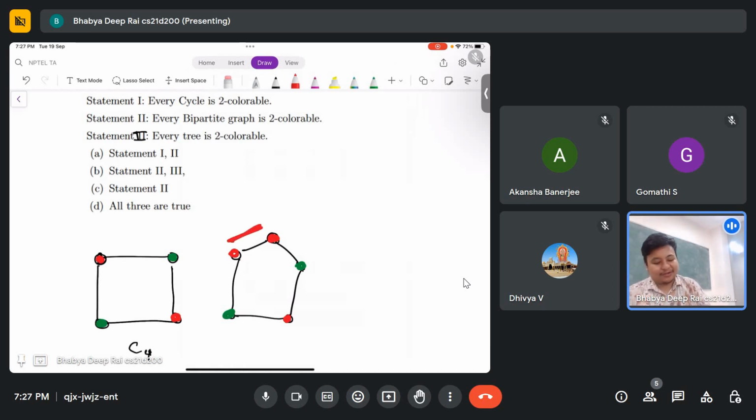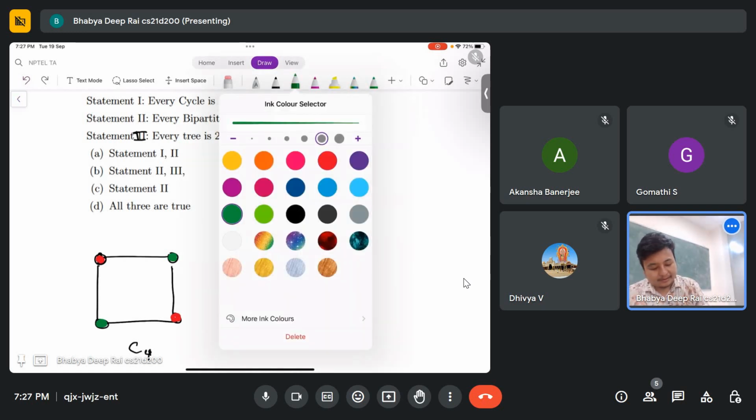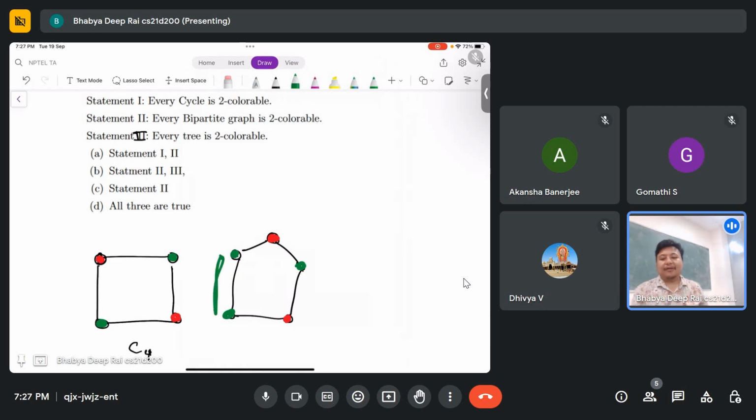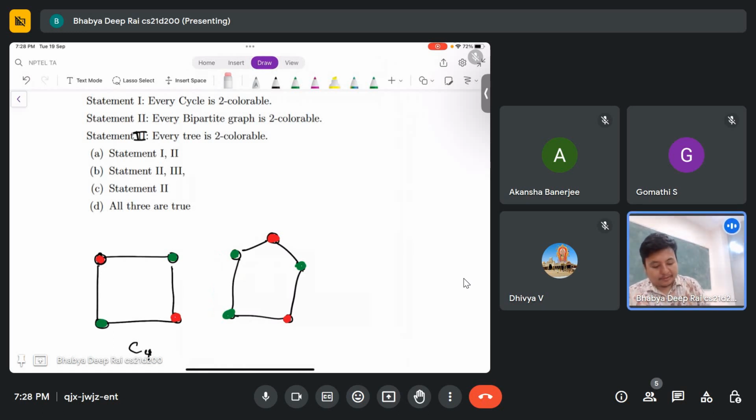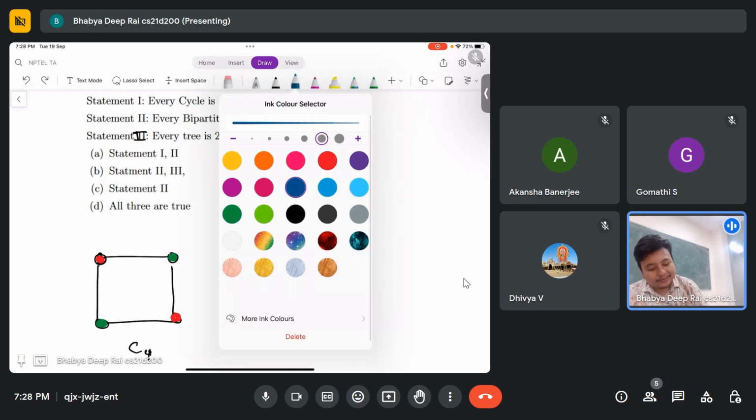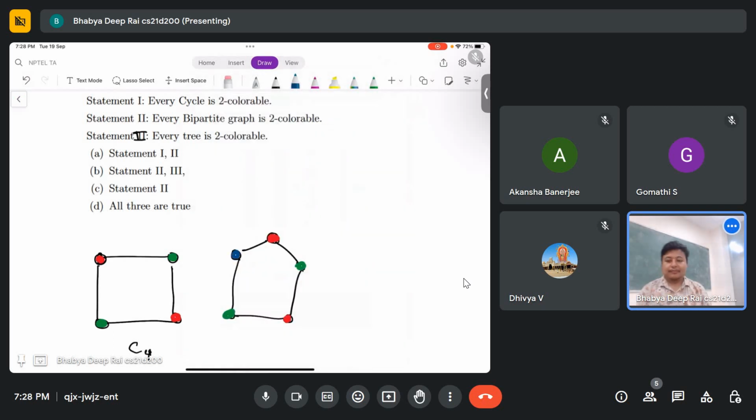Why? Because these two adjacent vertices are colored with the same color. But if I had chosen a green instead, then again I have a problem. So there's a problem here too. So it turns out that I need to use a different color to color this.